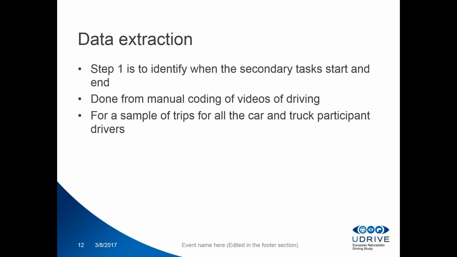We're looking at the whole trip when we do the manual coding. We're not looking at every single trip because we just don't have the person power to do that, but we are looking at trips for every individual. So all those drivers that I talked about, all those recruits are represented in the analysis.